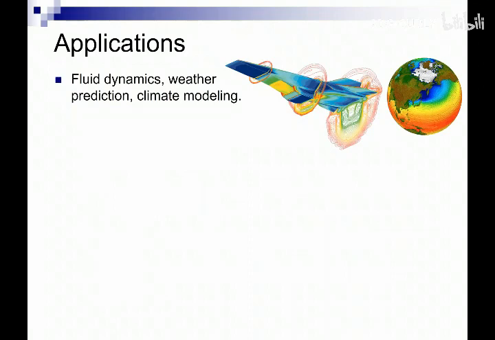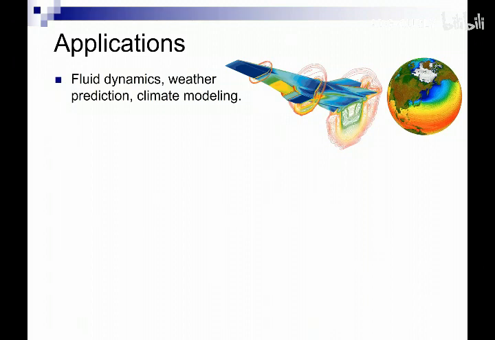Next, I'd like to begin by talking about some of the actual applications that we encounter for parallel computing in everyday life. There are many different types of applications. One type are different types of simulations, such as fluid dynamics simulations.